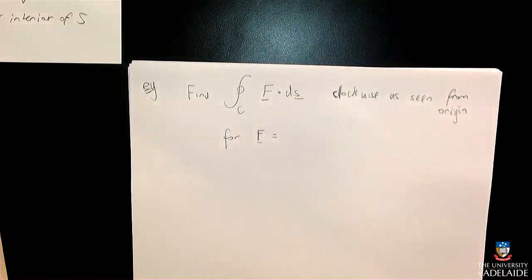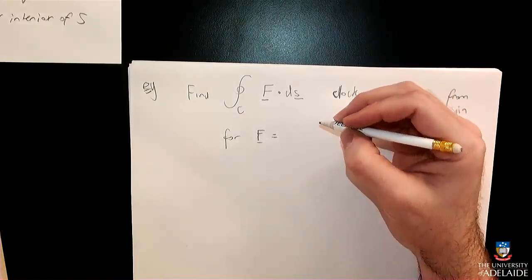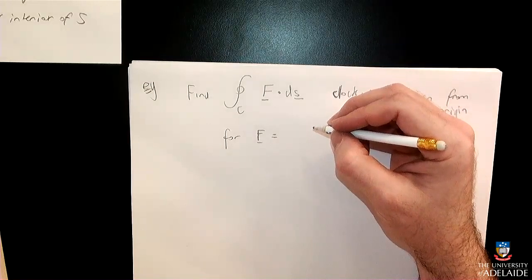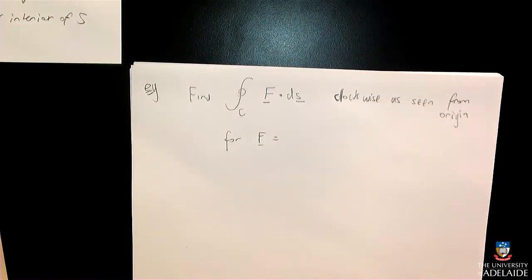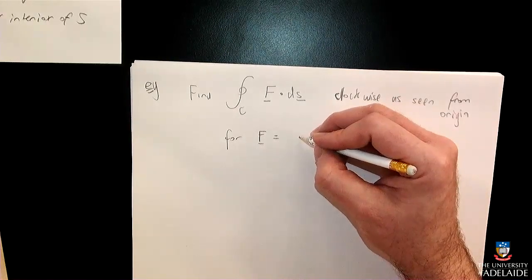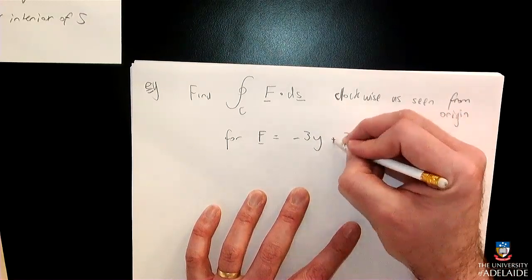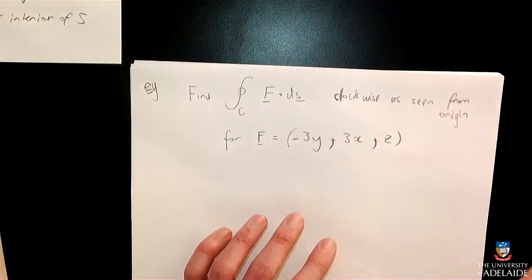So we're going to find the closed path integral around the curve C of vector function f dot ds, clockwise as seen from the origin, for f being minus 3y, 3xz.